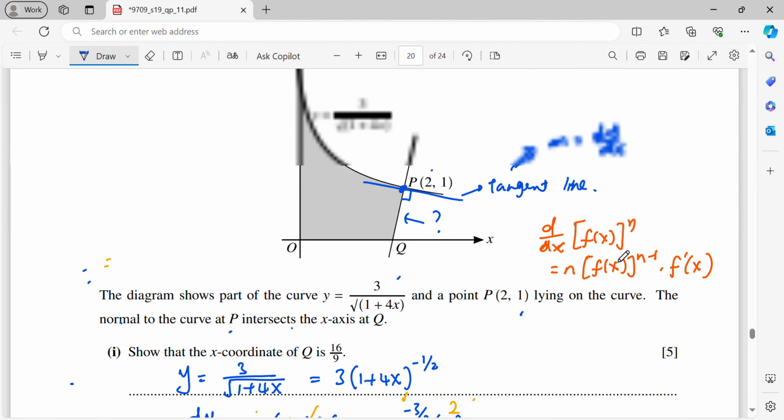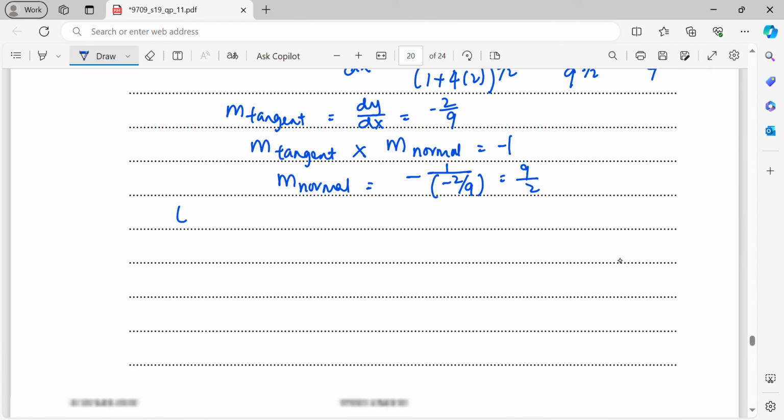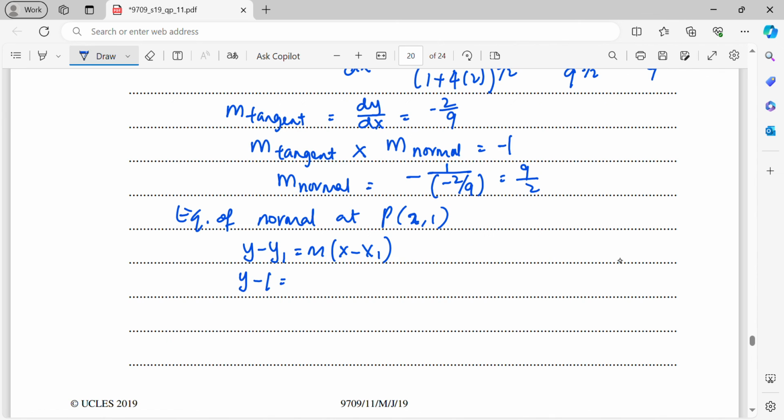Okay, so now we need to find out the straight line, the normal line of PQ, before we find Q. So now, the equation of normal at P, coordinates 2, 1. I will write y minus y1 equals m of x minus x1. So that is going to be y minus 1, because y1 is 1 from the point P, and then the m is 9 over 2, then x minus 2.